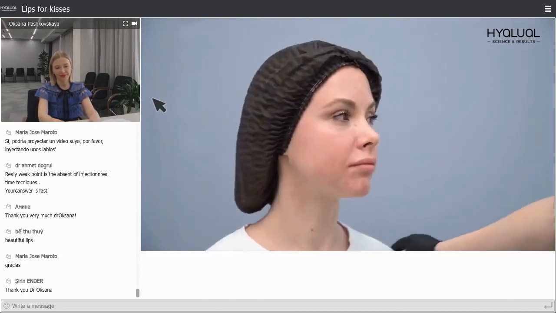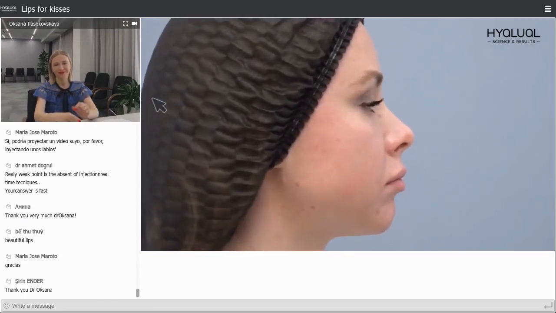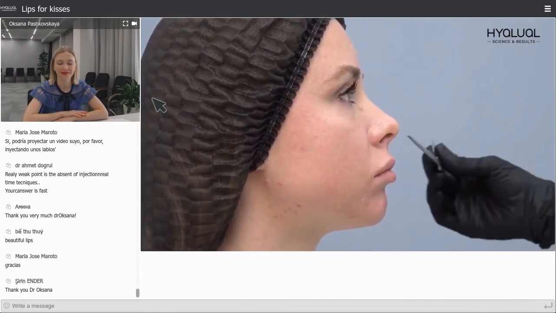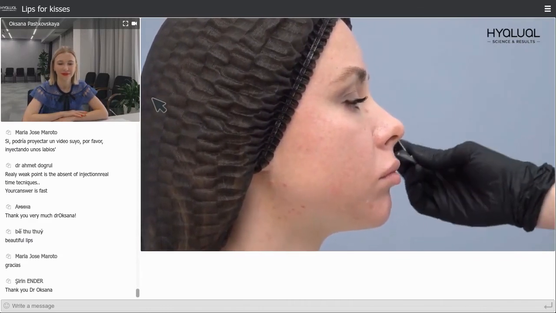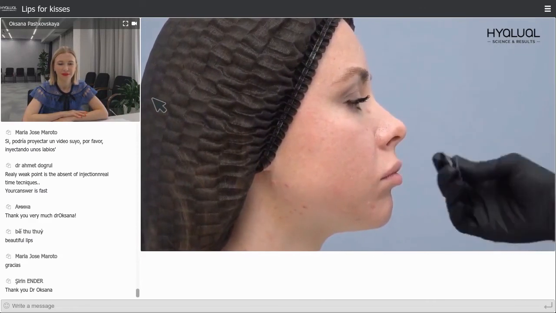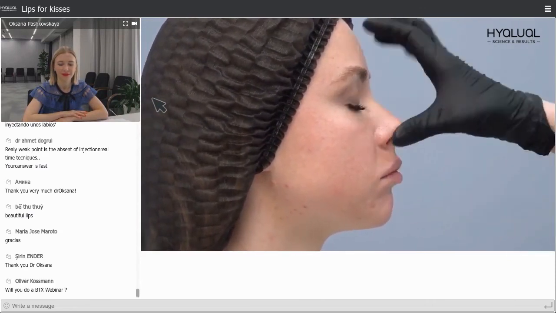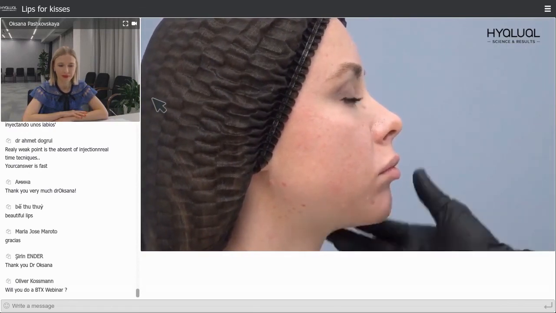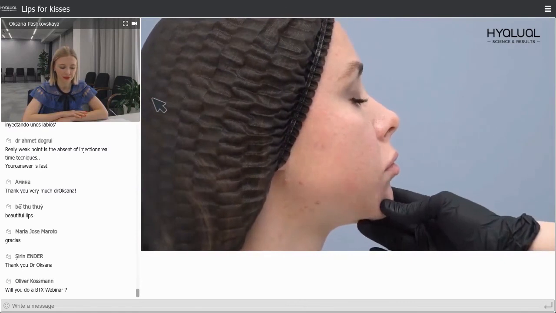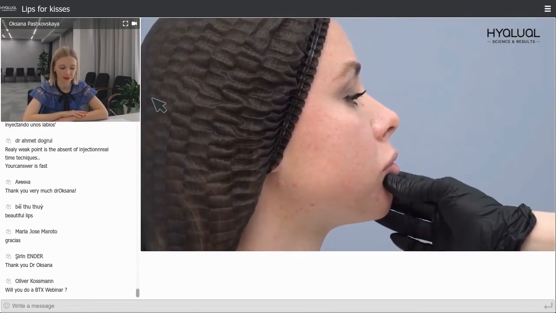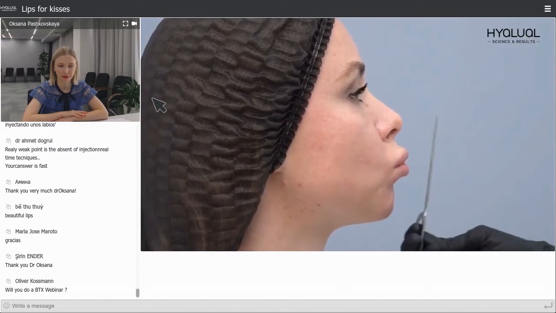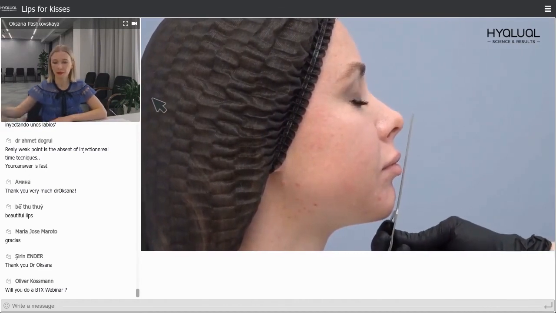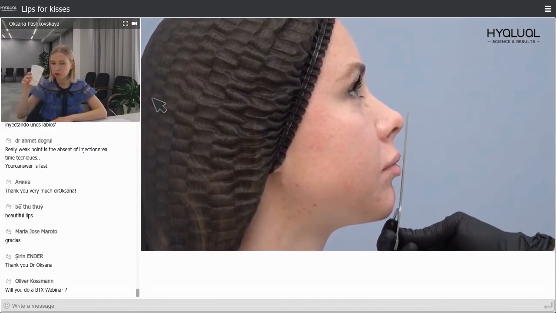And now profile. Look at the angle. The nasolabial angle is more than 90 degrees, so it's a good sign for increasing the upper lip. The upper lip is a little bit larger, and Ricketts line is almost perfect, but the chin is clamped, so it's also an indication for botulinum toxin.